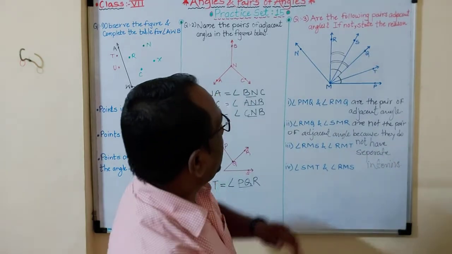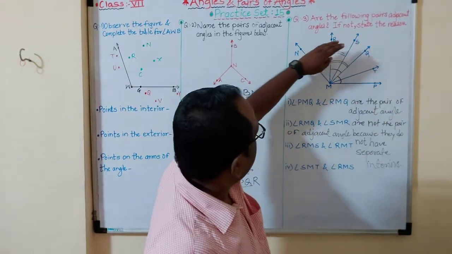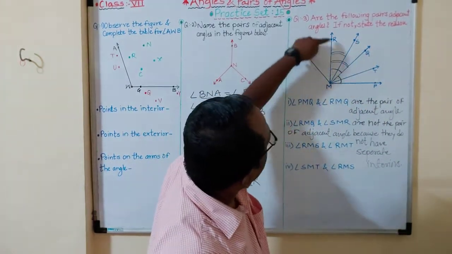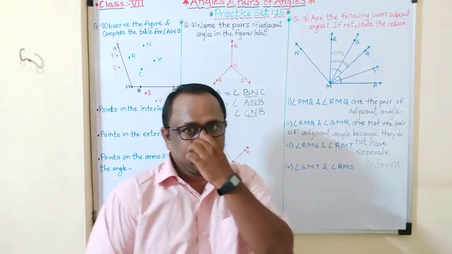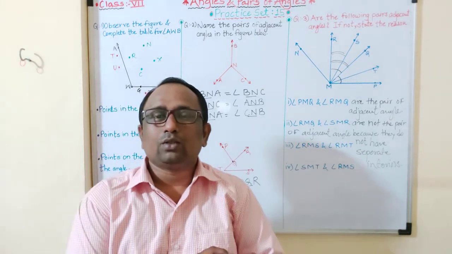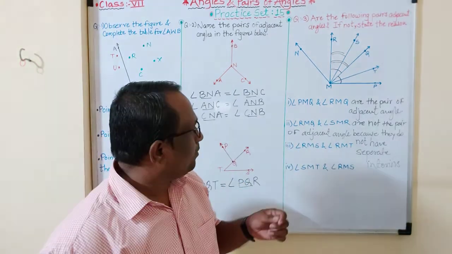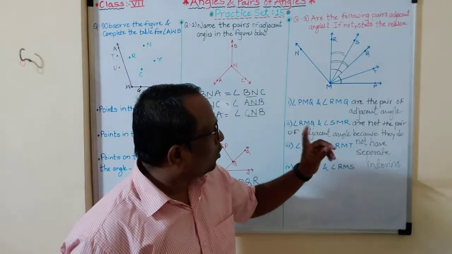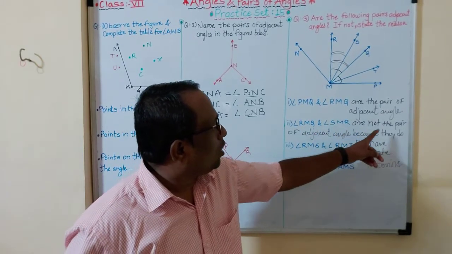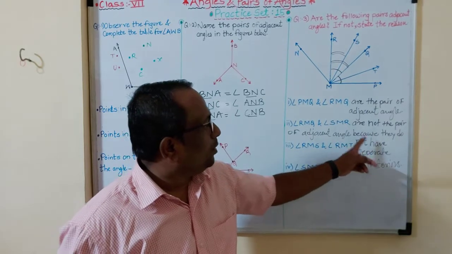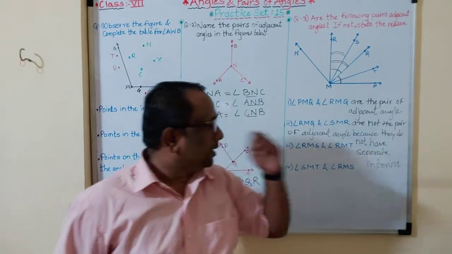If you see angle RMQ and angle SMR, they didn't have separate interiors. So that's why you have to write the reason. Angle RMQ and angle SMR are not a pair of adjacent angles because they do not have separate interiors.